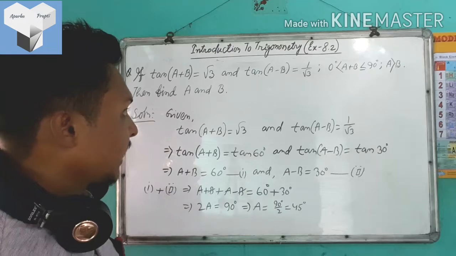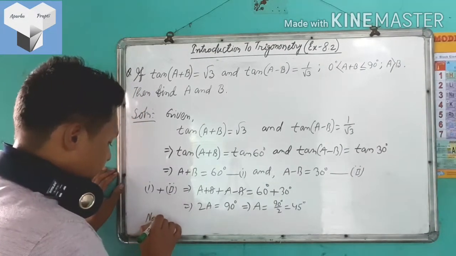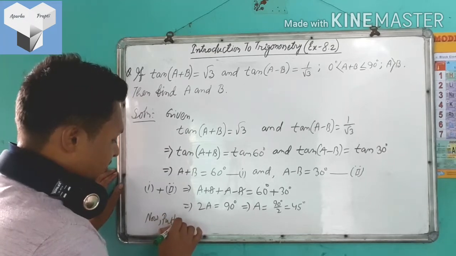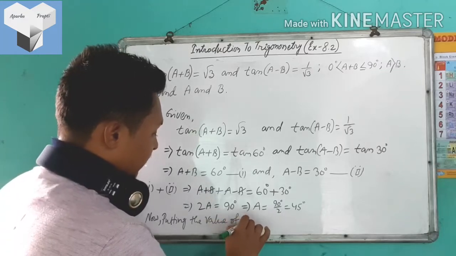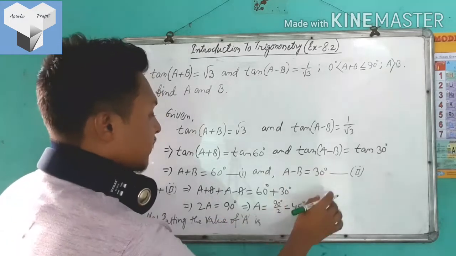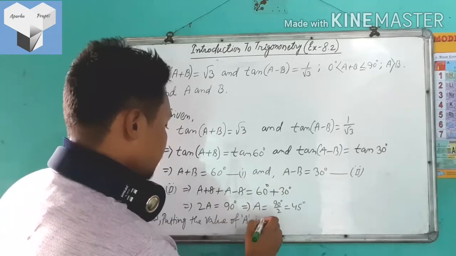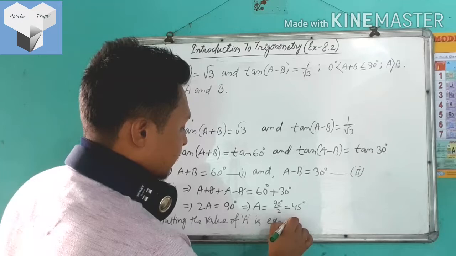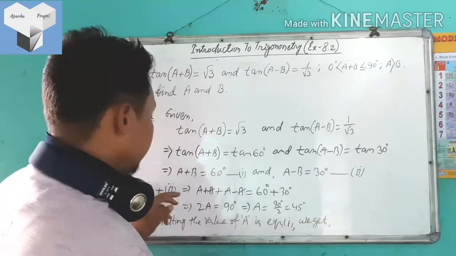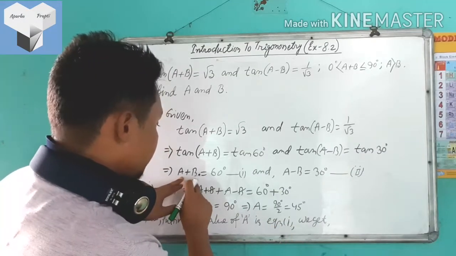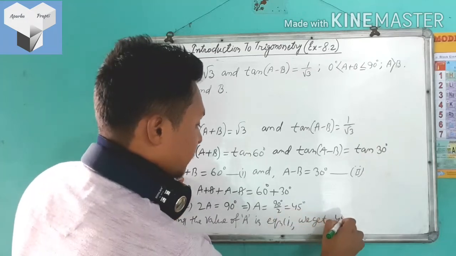Okay. Now putting the value of a in any one equation. You can put it in equation 1 or in equation 2. Suppose I am going to put this in equation 1. In equation 1, what do we get? We get, listen, a plus b is equal to 60 degree. In place of a we shall put 45 degree.